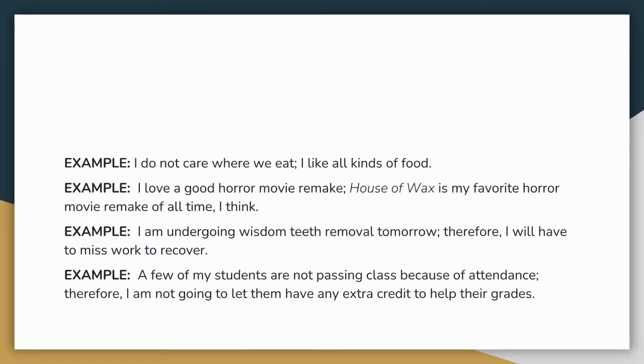I do not care where we eat; I like all kinds of food. That is two similar topics in two sentences. I can join them with a beautiful semicolon. I love a good horror movie remake; House of Wax is my favorite horror movie remake of all time, I think. Again, same topic, semicolon joins it. I'm undergoing wisdom teeth removal tomorrow; therefore, I will have to miss work to recover.